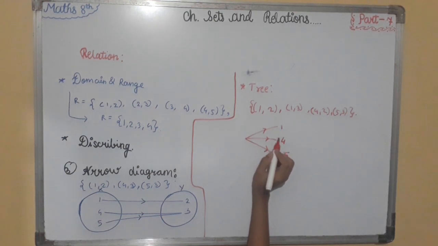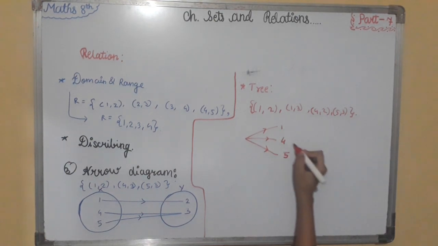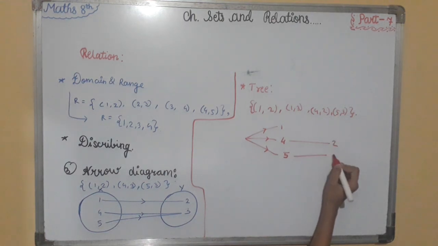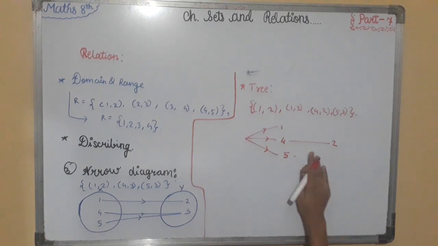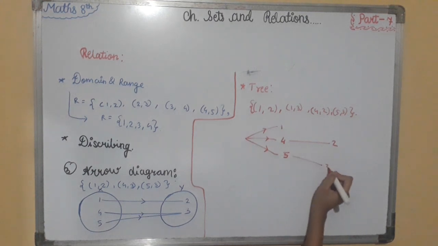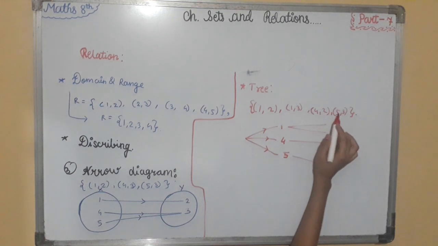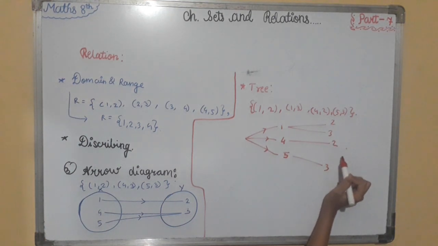This will be connected to 3 and this will be connected to two numbers, that is 2 and 3, like this.